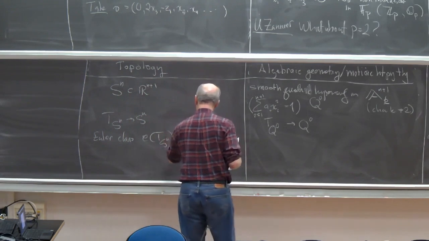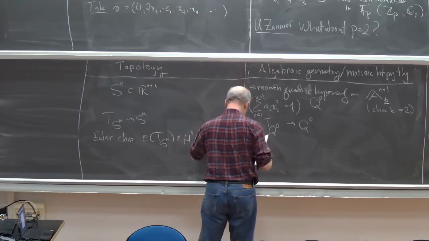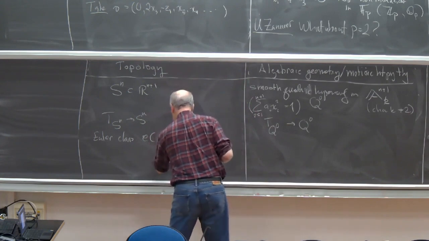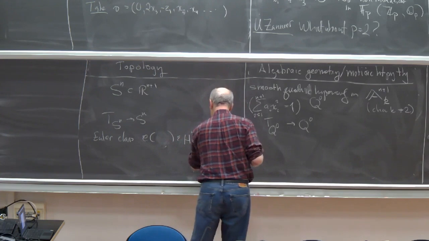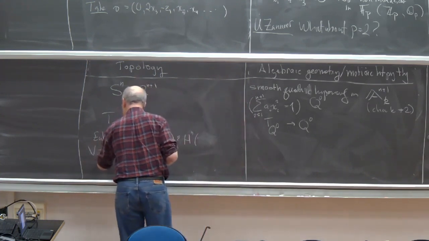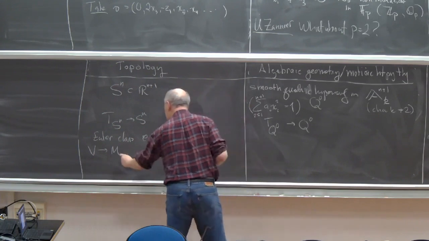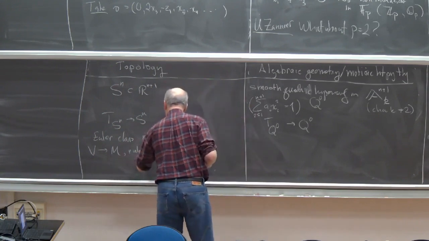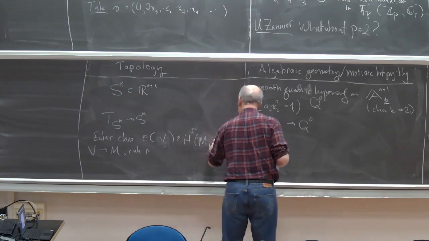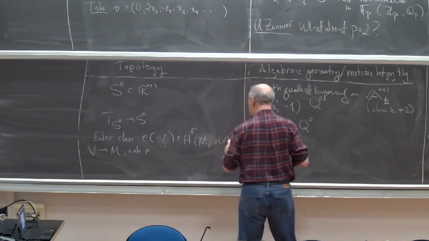And this lived in H^n(S^n, Z). But in fact, sorry, I should probably just talk about an arbitrary vector bundle V of rank r over some smooth manifold M, and this will live in H^r on M, with coefficients in the local system of the orientation bundle of V. Right?